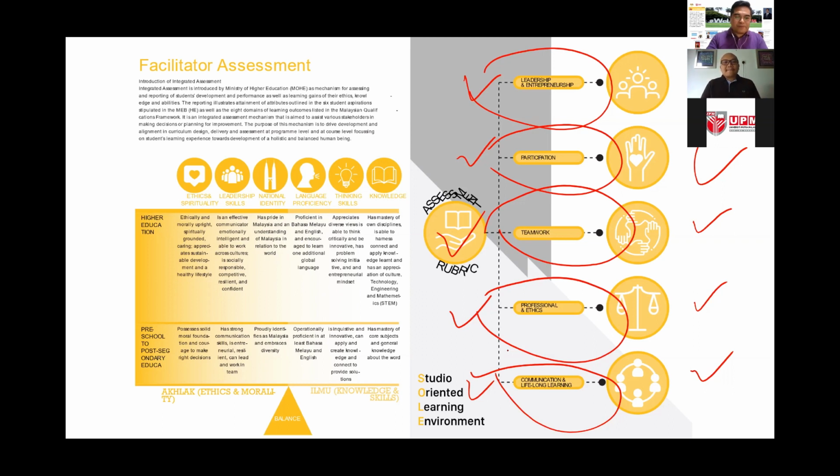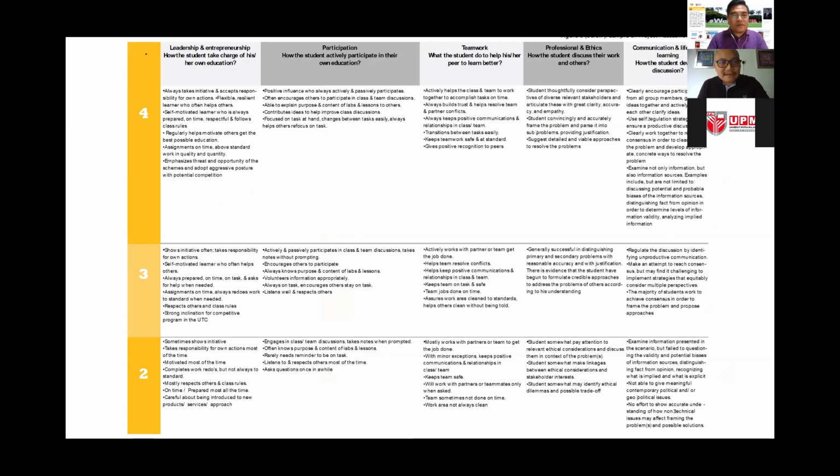So this is how the rubric will look like, in terms of leadership, participation, teamwork, ethics. So it's a very detailed rubric. And of course we don't penalize the student.